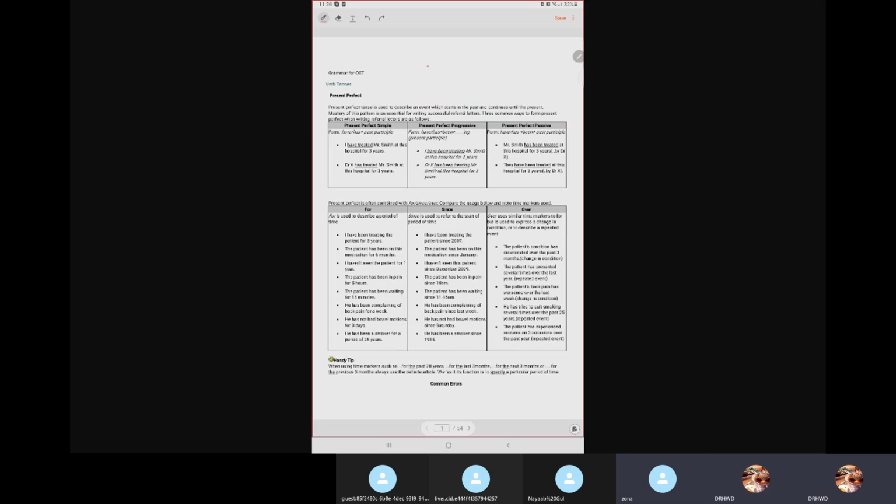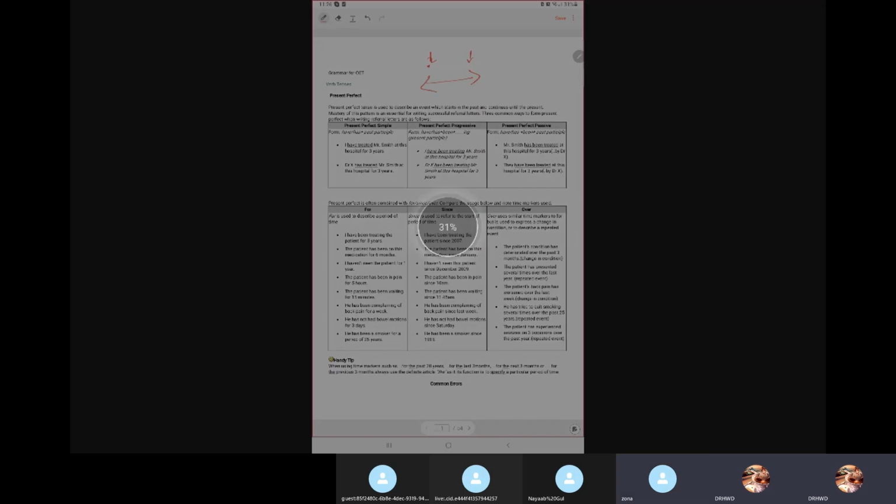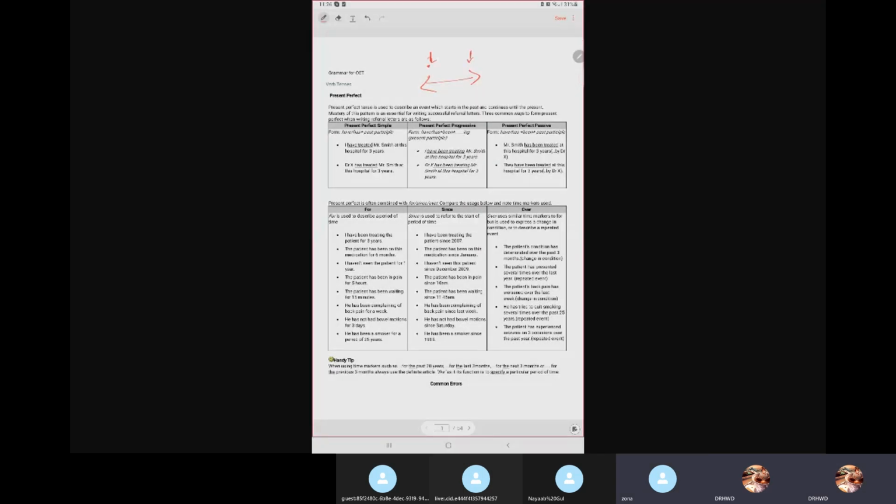So you are saying that since is either at the start or the end, and for is for a period of time, right? Yes. Dr. Narjinder, what is the difference between for and since? Ma'am, for is used for a specific period, like for 2 years, for 3 years, for 4 years.